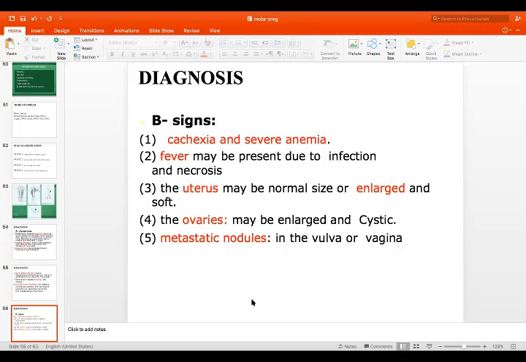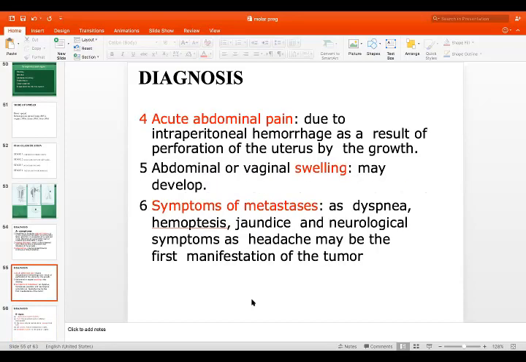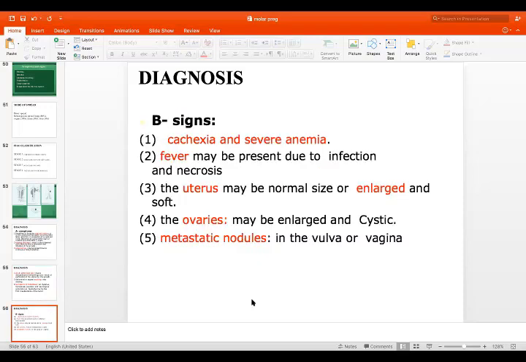So, what were the signs? She may have hemorrhage, bleeding. She may have pain. She may have an abdominal mass, and if the tumor metastasizes to the lung, then we will have manifestations of the metastasis.